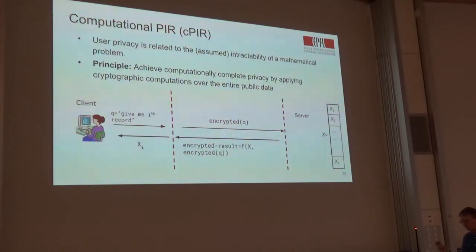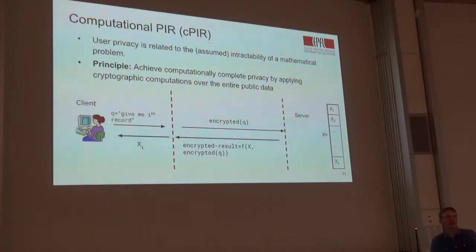Of course, this is only valid if you have a single number. If you want a whole data set, you need to be a bit smarter about it. If you have big text, you need to make it better. But the basic intuition is that you can encrypt your zeros and ones, send them to the server, he does all the calculation in fully homomorphic encryption and sends you back the result. And you're happy, and one server is enough.